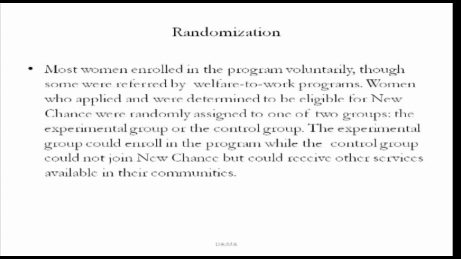The experimental group could enroll into the program, which is the training program, while the control group could not join the New Chance training program, but could receive other services available in their communities.